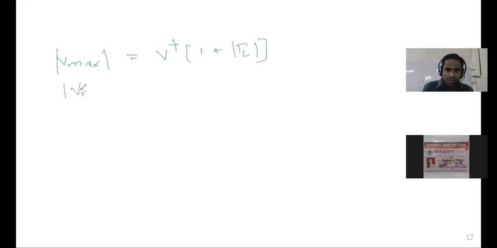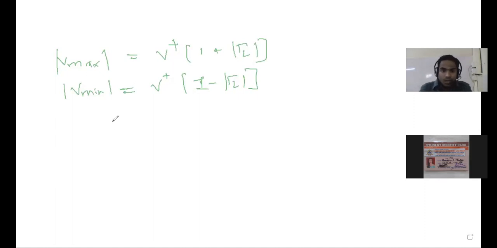And we get Vmin as V plus times 1 minus mod of gamma L. Don't worry, I will make notes and give you all this. Because the network keeps on disconnecting, the screen will have to refresh again.